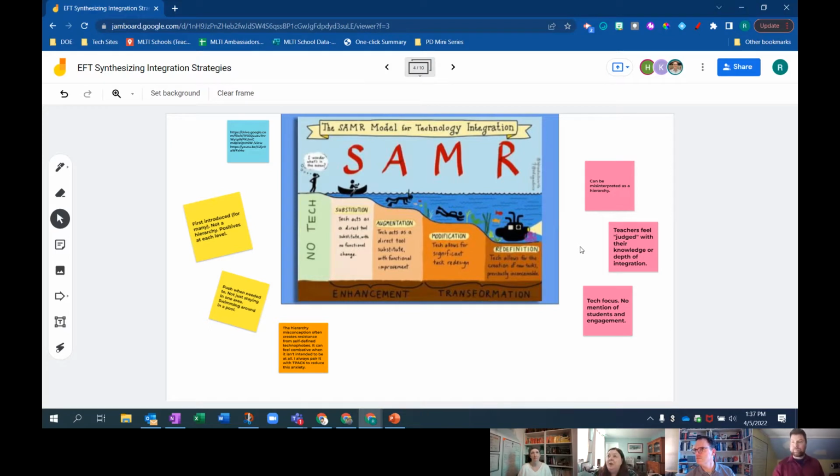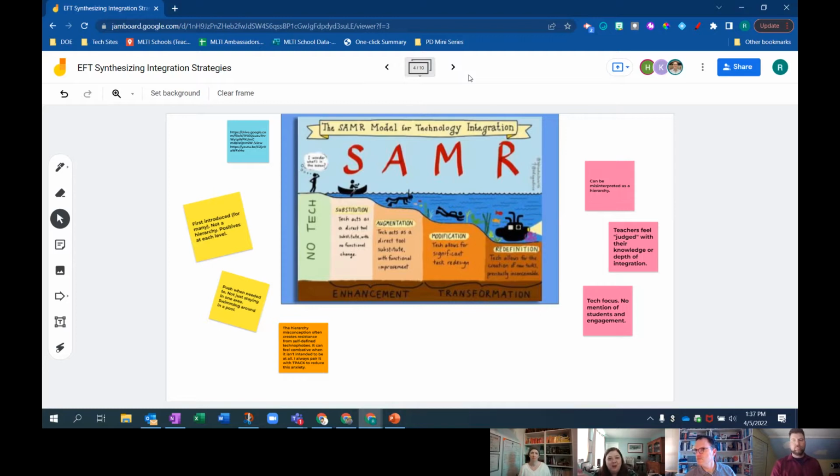I think it's important for us to remember that we're not trying to transform the teacher. We're not trying to transform the students with this. We're trying to transform, wherever possible, the lesson, the product, what it is that you're delivering to students. So kind of take the onus off of teachers feeling like we're trying to change them. I'm not trying to change you.